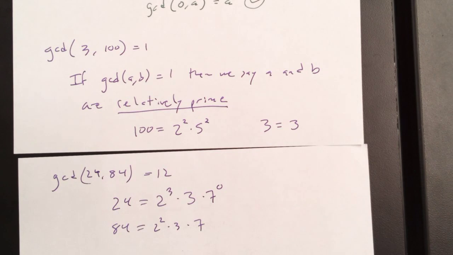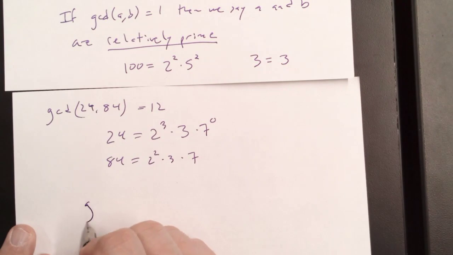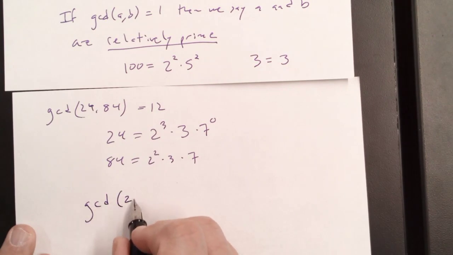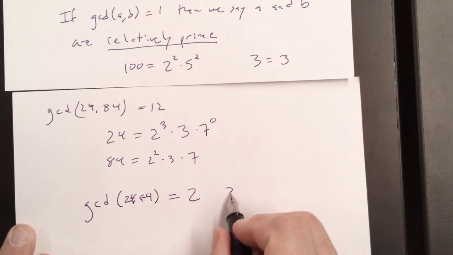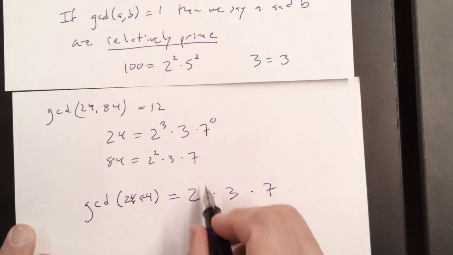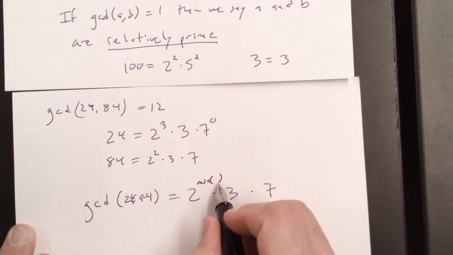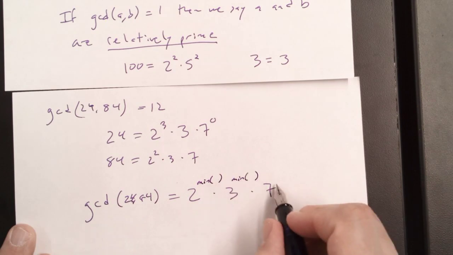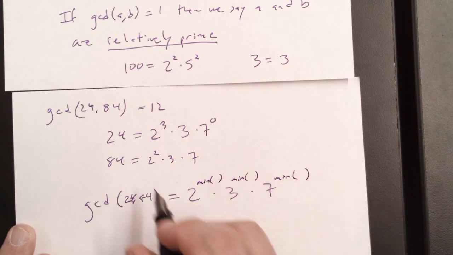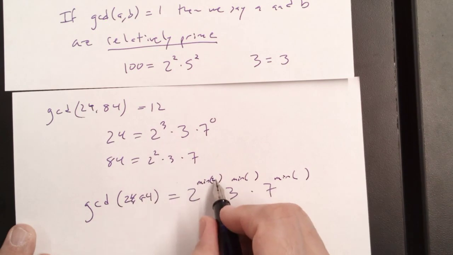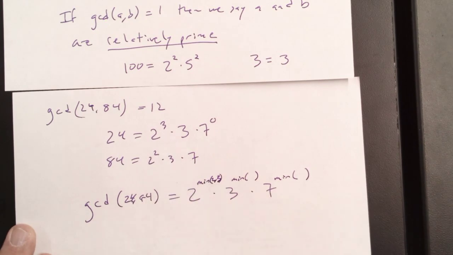Take each prime and pick the lower power. Smaller power up here would be a choice between 2 and 3.